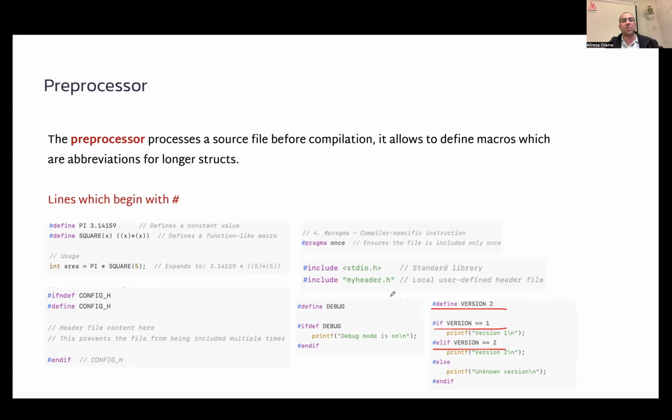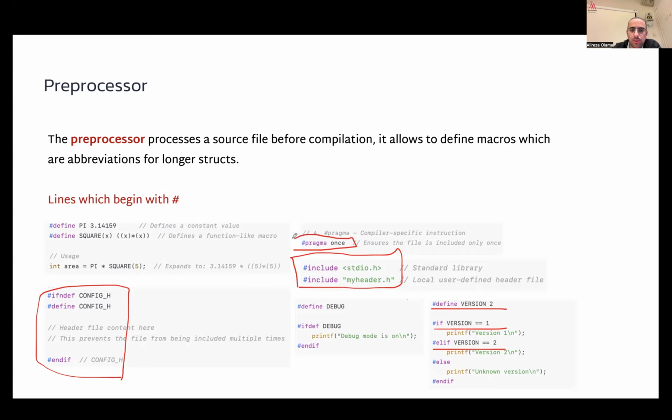So preprocessors are quite important, and you should be aware of that. Most of the time, you're working with this include thing here and also here for having this conditional inclusion. And when it comes to parallel computing, you use this pragma thing a lot. So keep these three in mind.